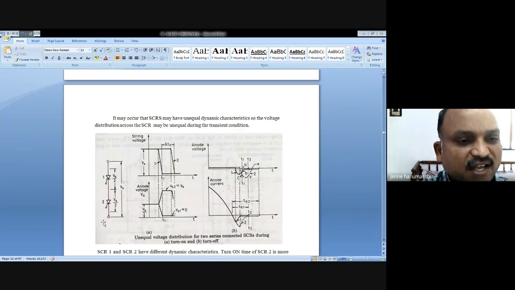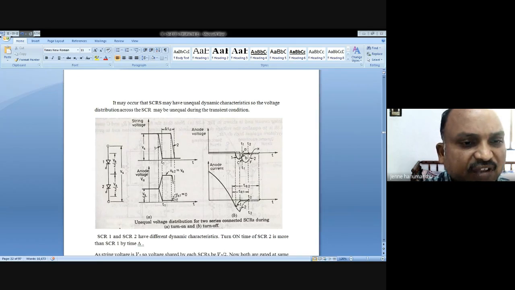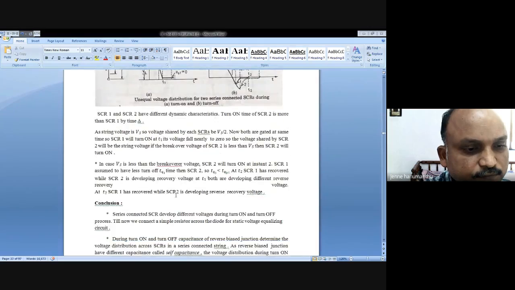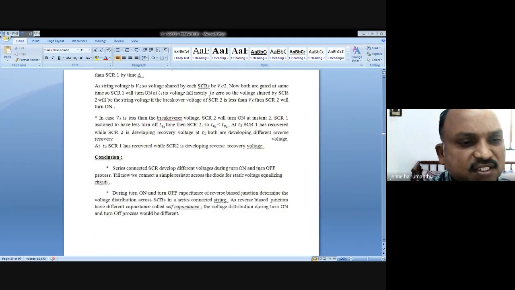Because of this, for different thyristors, different characteristics are showing. This is for thyristor 1, this is for thyristor 2, and this type of graphs we are expecting. So what is the conclusion? Series connected SCRs develop different voltages during turn on and turn off.